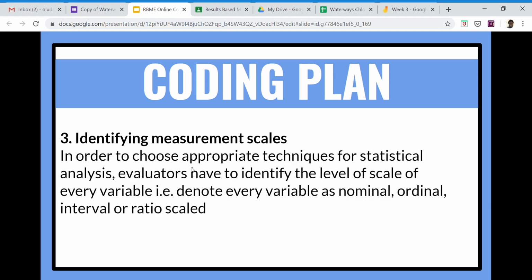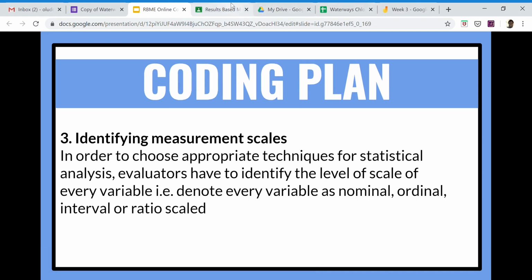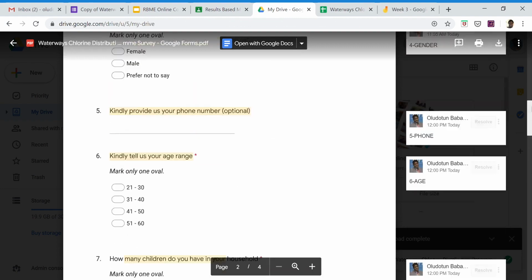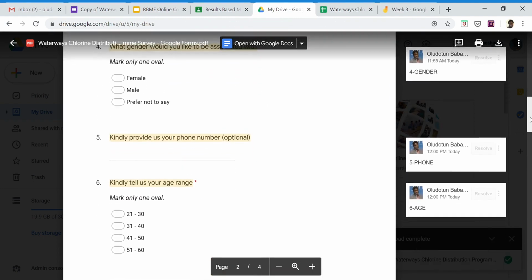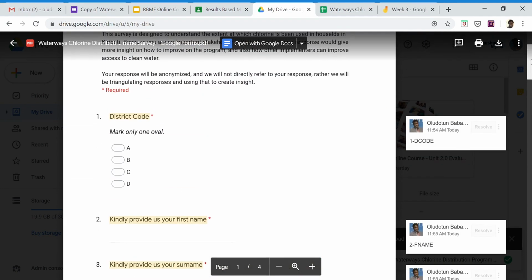And that's the third one. Which means, in essence, you're supposed to go ahead and identify each scale that I have on my sheet, on this questionnaire rather.